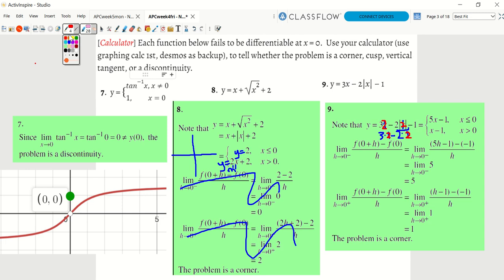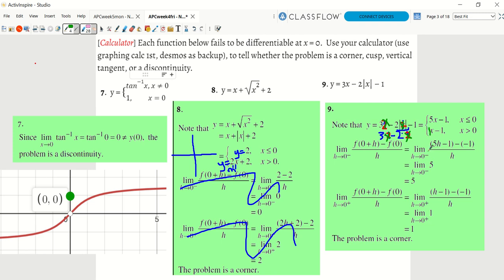If you pick any positive x value, you're going to get 3x minus 2x, which is just 1x. So when x is positive, you just pick a positive x, you're going to get 3x minus 2x, which is 1x.